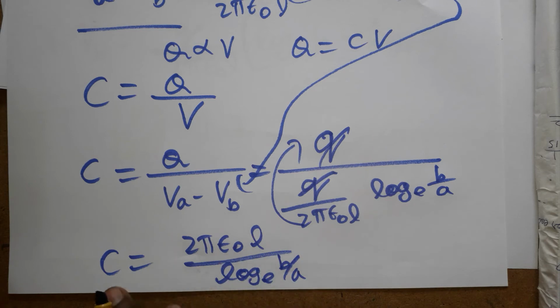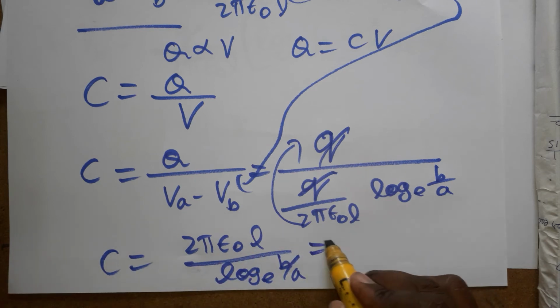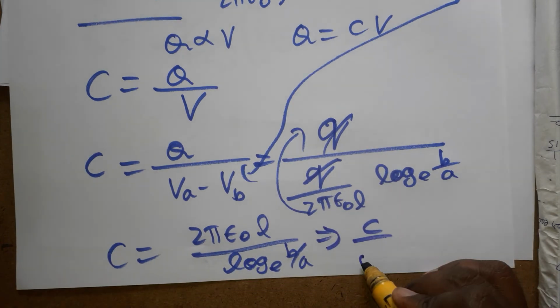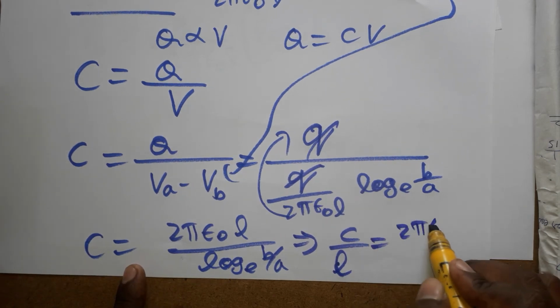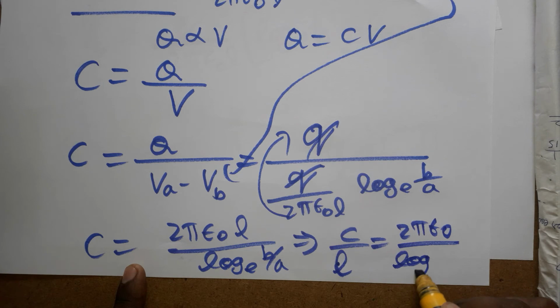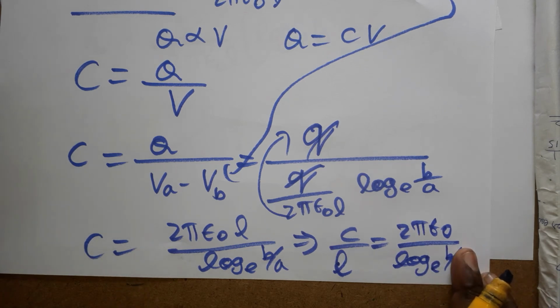Taking the length here, further you can write C divided by L, the capacitance stored per unit length of the cylinder, is equal to 2 pi epsilon naught divided by log base e of B divided by A. This is for vacuum between the two cylinders.